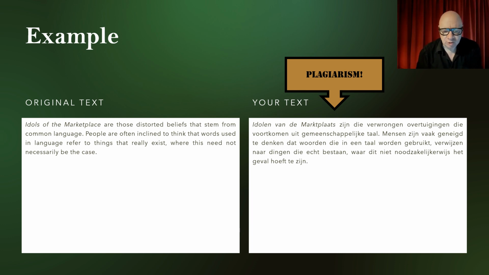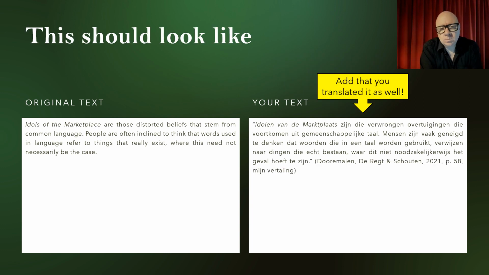So what should this look like? I hope it doesn't surprise you that you should use quotation marks and put a reference behind it. Also put in the reference that you translated it. So put my translation there. In Dutch this becomes of course mijn vertaling. Then your reader knows that the translation is yours, but the ideas are of someone else.